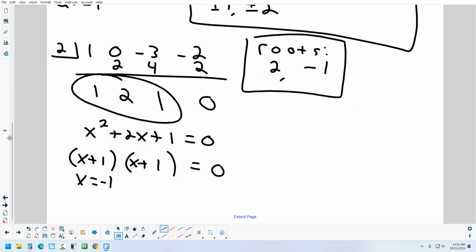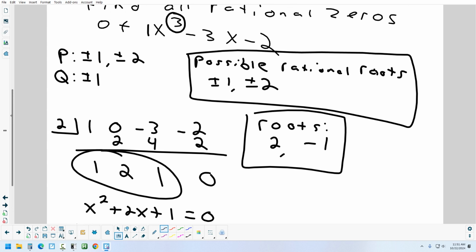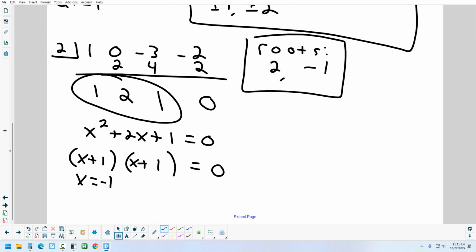You don't need to write -1 twice, even though it does occur twice. That's called a repeated root. Okay. So that's the general process: rational root theorem, synthetic division, factor, or quadratic formula if you can't factor.